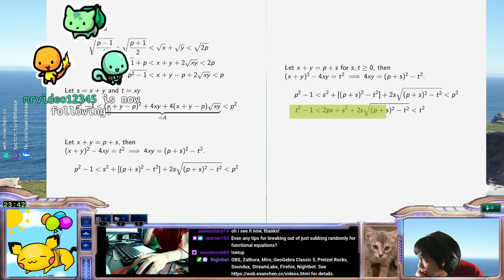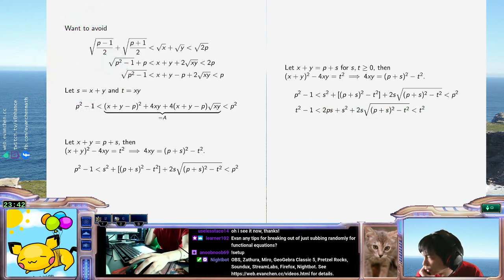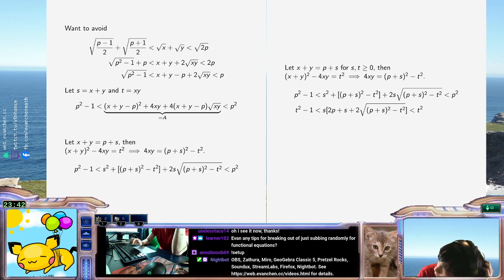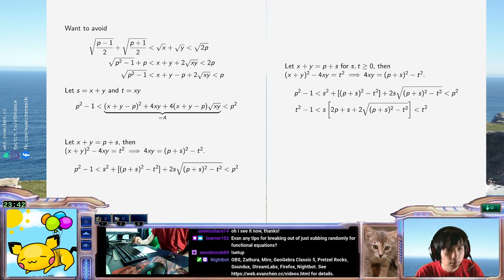Alright, so here we are. And we know that s equals 0, t equals 1 is the quote-unquote canonical solution. Oh, there's a factor of s I can just divide out by s. So 2p plus s plus twice the square root of something.